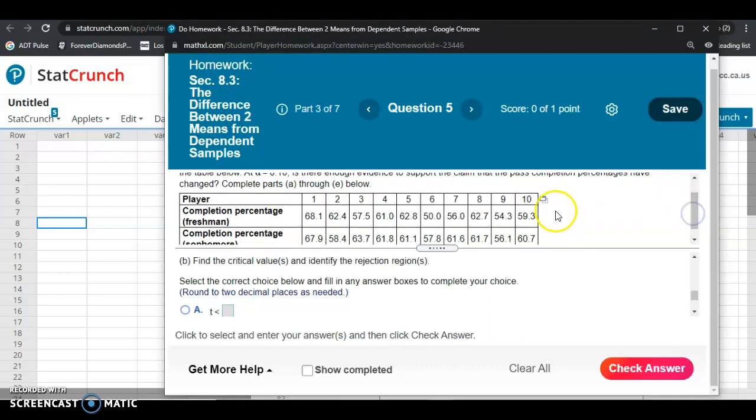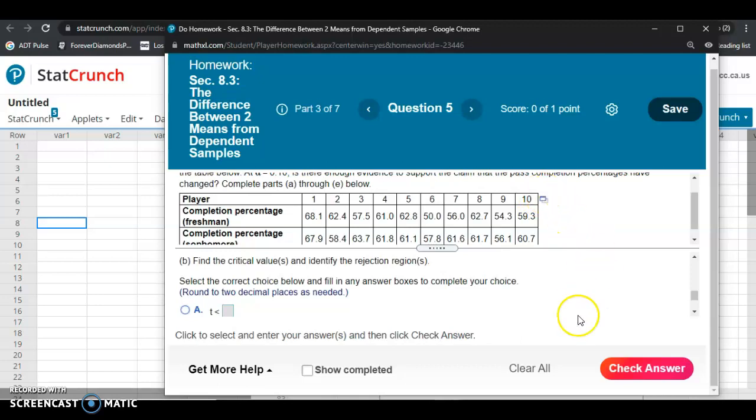So we have 10 pairs of data: the pass completion rates for 10 randomly selected quarterbacks when they were freshmen and then when they were sophomores. These values are for the same quarterback, making this data set paired. So there are 10 data values, and therefore the degrees of freedom would be 10 minus 1.